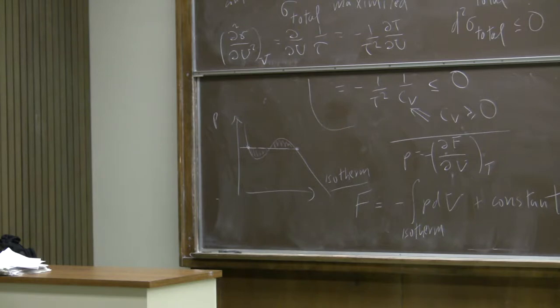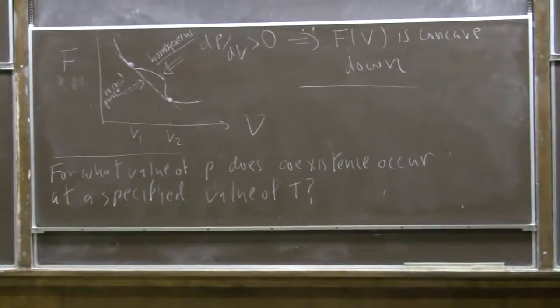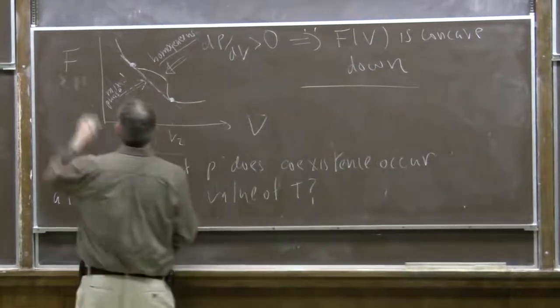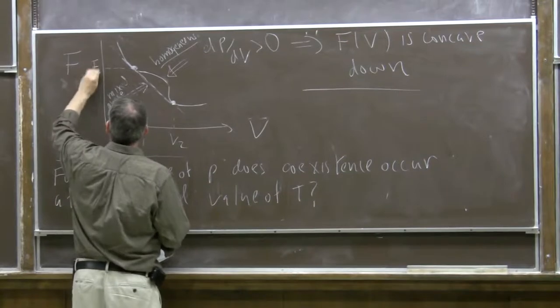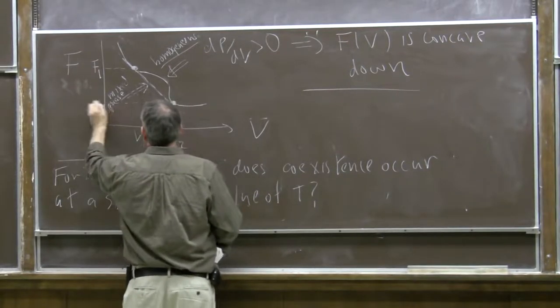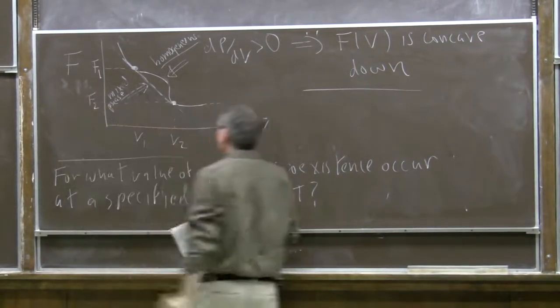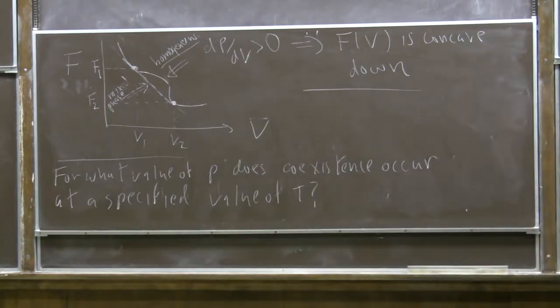So these two points have the same pressure because the slope of the F versus V curve is the same at both points. So if we follow this curve, which is a straight line in the free energy versus volume function, we're keeping the pressure constant. So let me call the free energy here F1 at volume V1 and the free energy here F2 at volume V2.